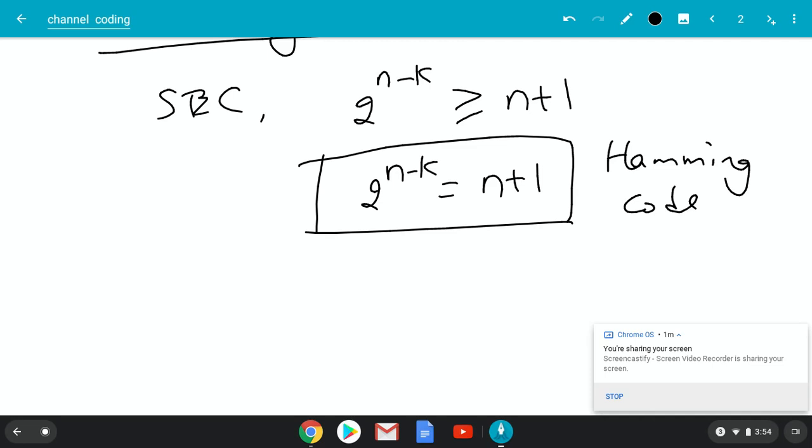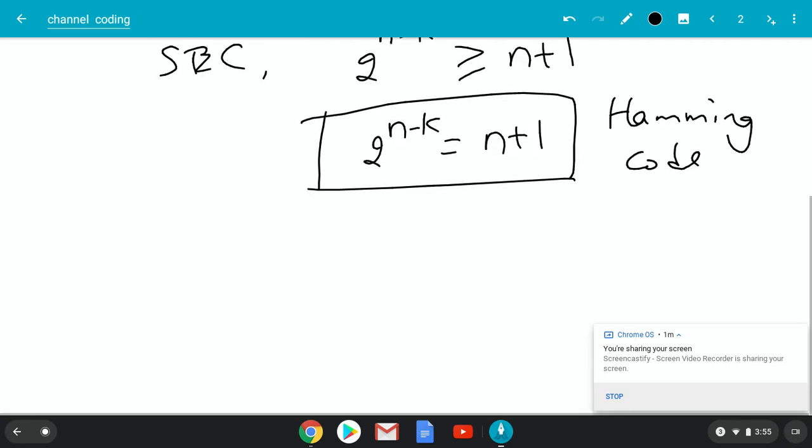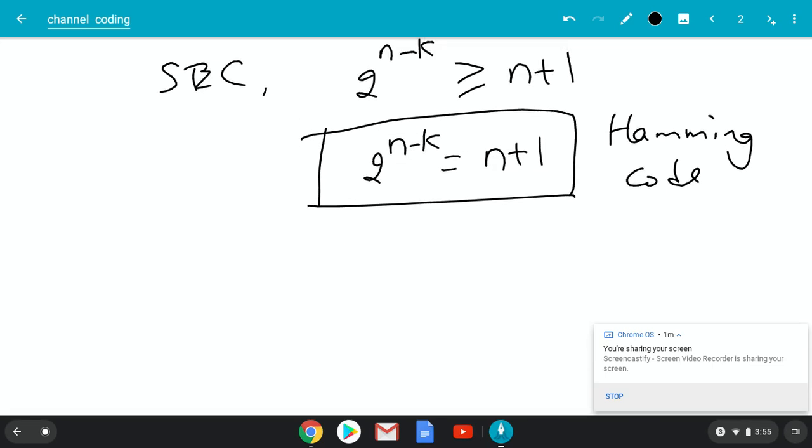So first, let's talk about why 2 to the n minus k has to be greater than or equal to n plus 1. We said at decoding, if you receive c hat, you first calculate s times c hat, and this is the syndrome.